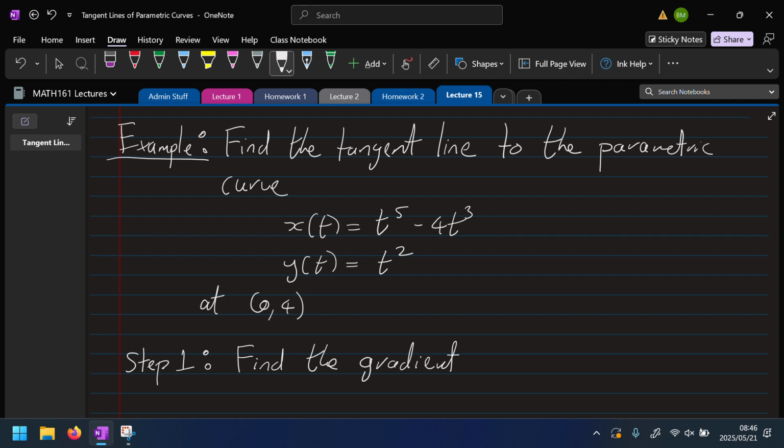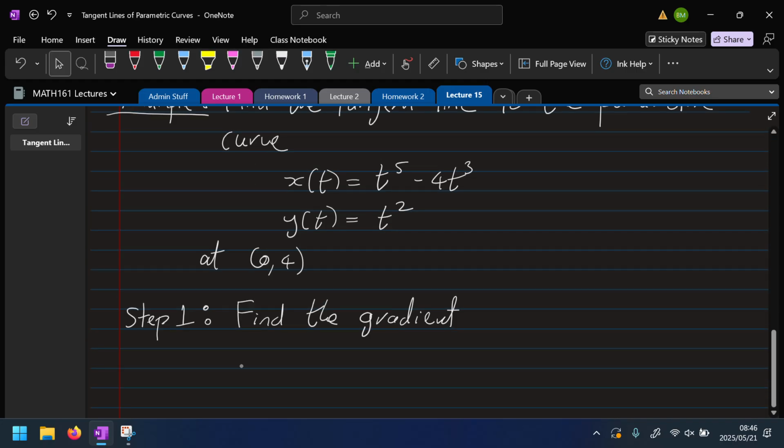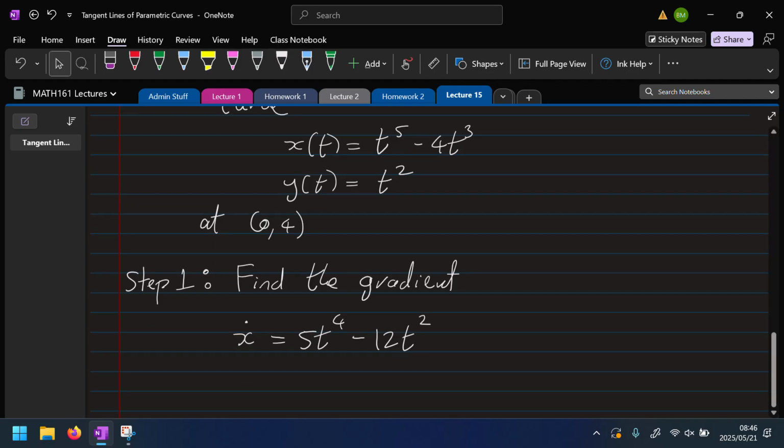We know that the gradient is going to be y dot over x dot. So let's work out what those are. x dot is 5t to the 4 minus 12t squared, just doing the time derivative for x. And then y dot is going to be 2t.